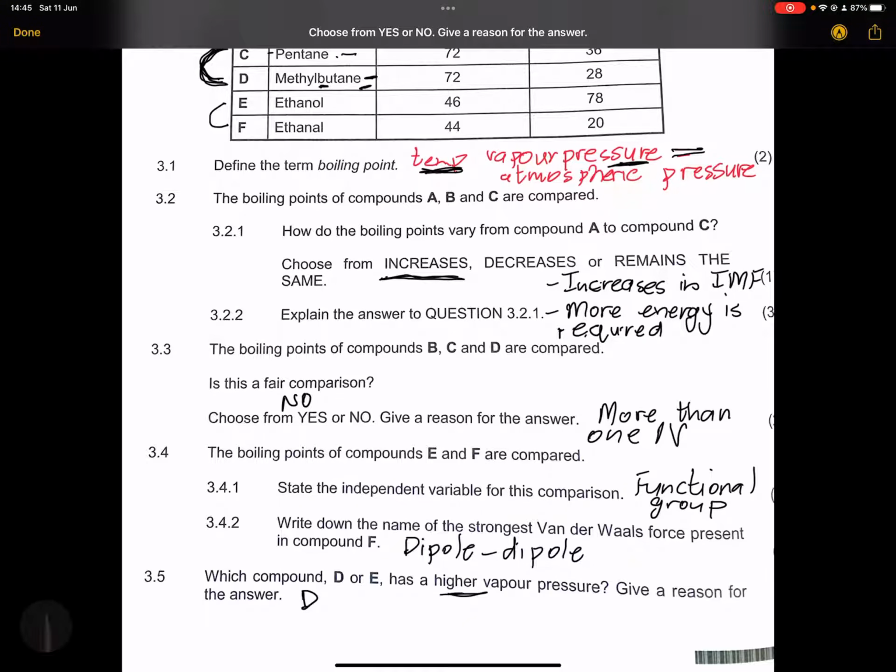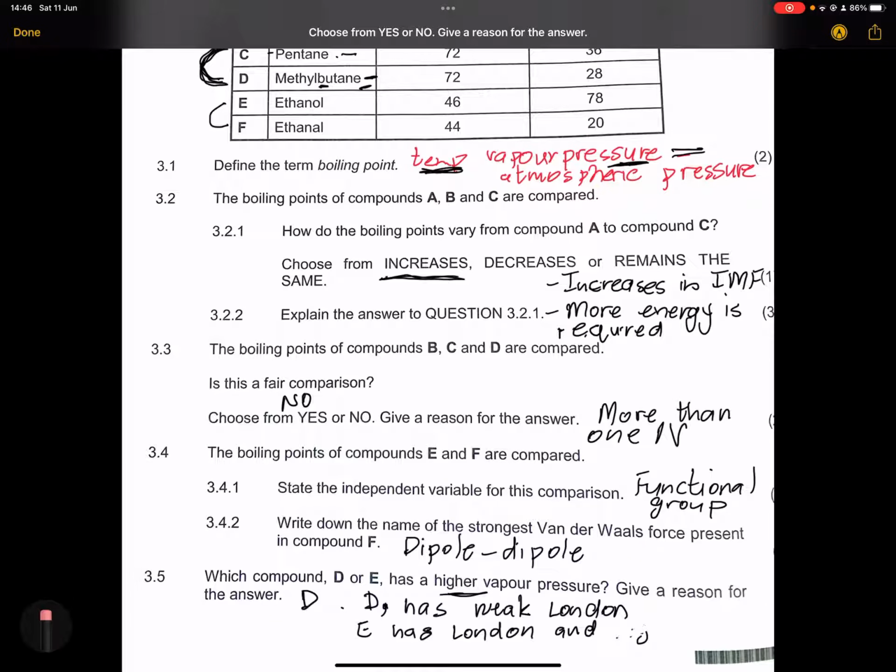Now they say to you, give a reason for the answer. In this case, remember that D has London, or weak London forces, only, whilst compound E, in this case ethanol, has London forces as well as, in this case, hydrogen bonds, a strong hydrogen bond.